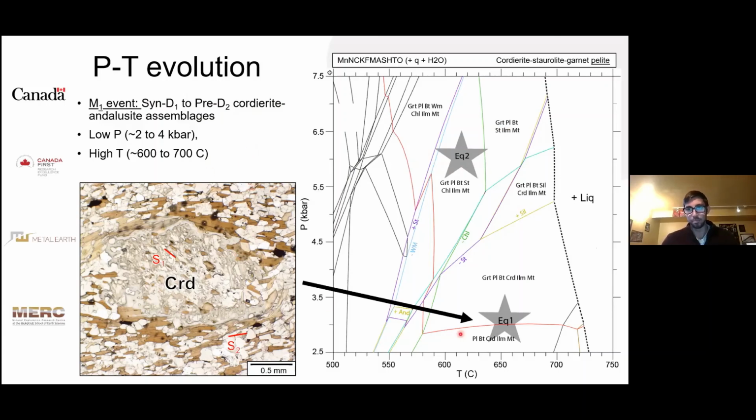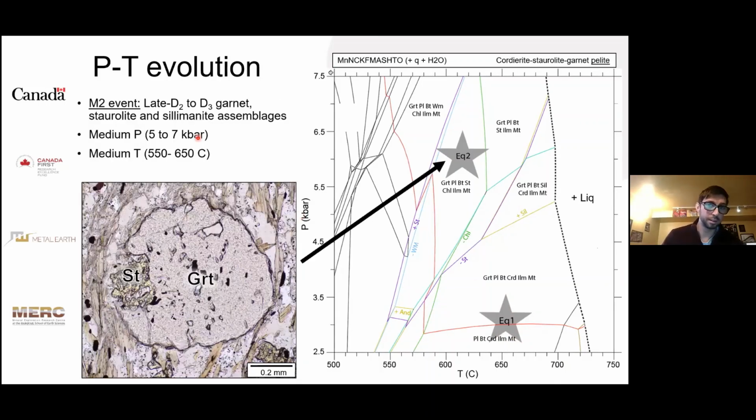This diagram that I calculated in Theriak-Domino for a metapelite shows that the cordierite field is around 2 to 4 kilobars and 600 to 700 degrees C in temperature. You'll notice that I put the equilibrium assemblage right on the garnet-in line, because at this point it looks like most of the garnet is after the cordierite, but it's possible that some of the garnet cores may have grown with the cordierite.